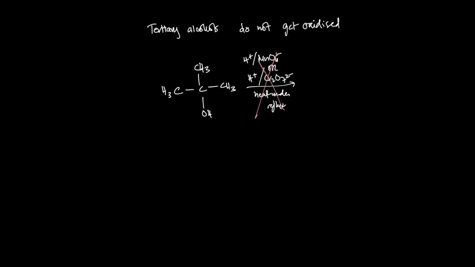Again, for primary alcohols, you get aldehyde or acid, depending on whether you distill or reflux, because a primary alcohol is on the terminal carbon. Secondary alcohol, you get a ketone if you oxidize it. And tertiary alcohol does not undergo oxidation.